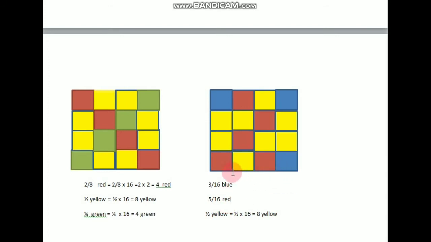So 1 2 3 4 5 red. And half yellow, here out of 16 parts is not given but half is said, so we have to do the calculation. Half into 16 means 1/2 into 16 is equal to, 2 8s are 16, that means 8 yellow. So here I have colored 8 parts yellow.